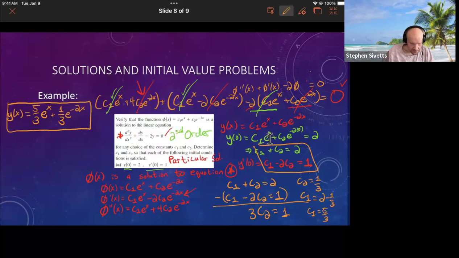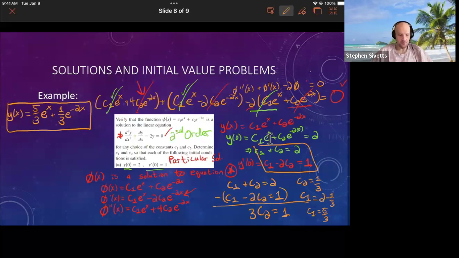All right, so that's an example. Those are examples on the background of differential equations: classifying which differential equations they are, and figuring out solutions and solving initial value problems.